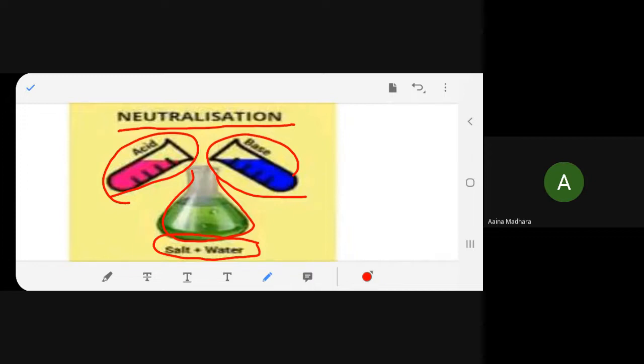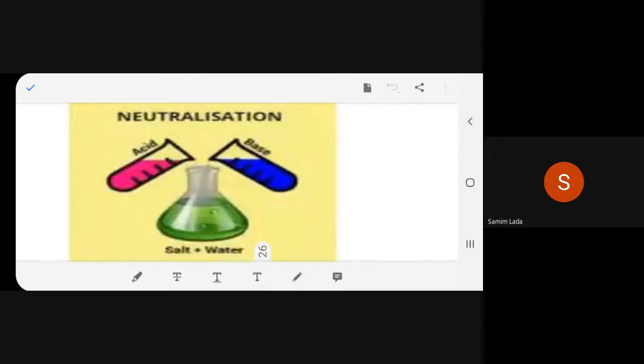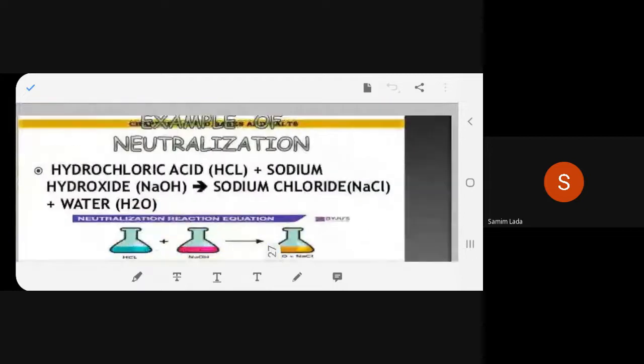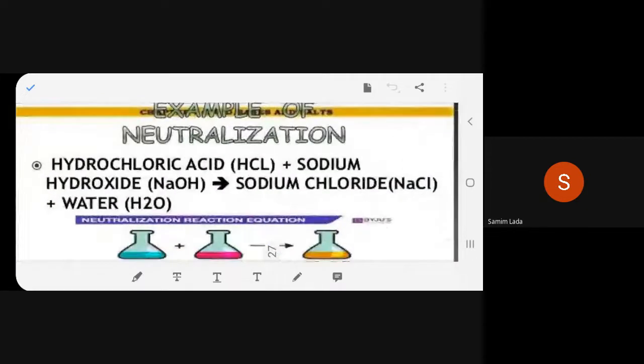All of you understood better? Yes, ma'am. I'm trying to make things easy by repeating the slides in a different manner so that when you look at it, you understand it better. We'll see the examples of neutralization.